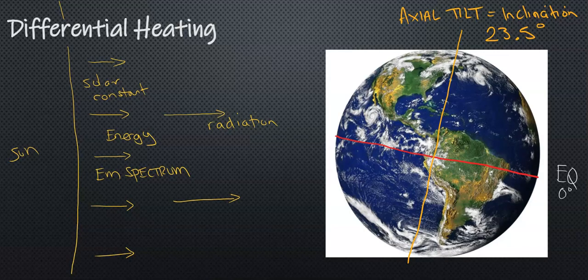So to look at GCMs and how the atmosphere moves as a large system, we've got to break it down into how this starts and how this initiates. Now, this is called differential heating. Differential heating is how certain areas of the Earth or locations are heated more than other areas. So this is a great example of how the Earth is tilted on the axial tilt inclination, which is 23.5 degrees currently.